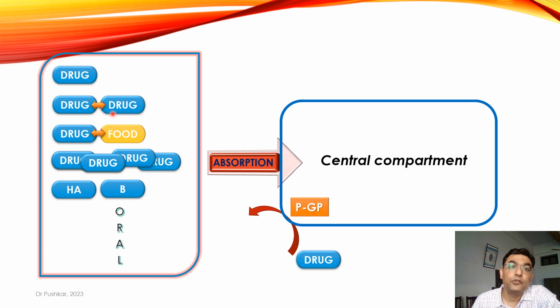If she takes the iron supplement and milk together, milk contains calcium, and calcium and iron will form insoluble complexes, and there will be improper absorption of iron. So you have to tell her about this drug-food interaction.